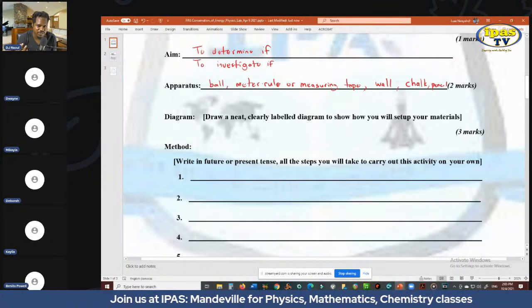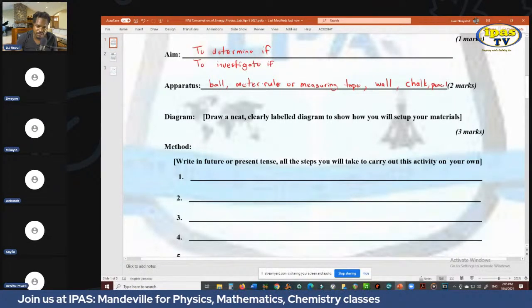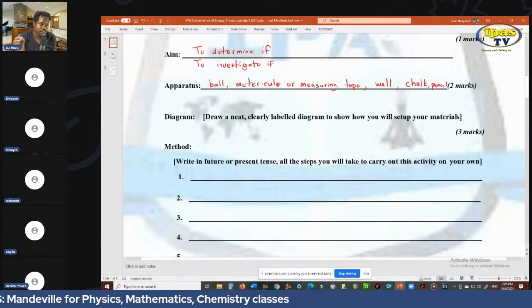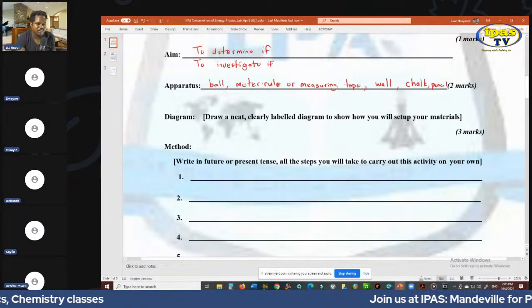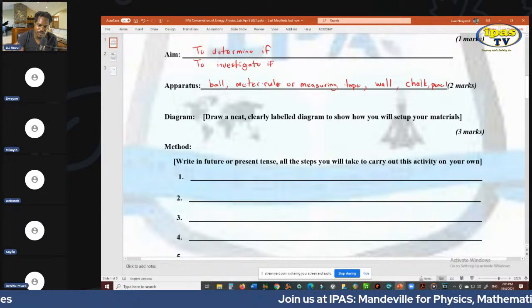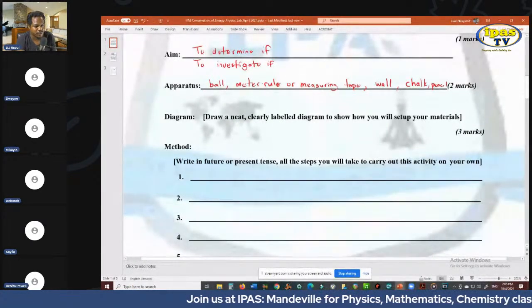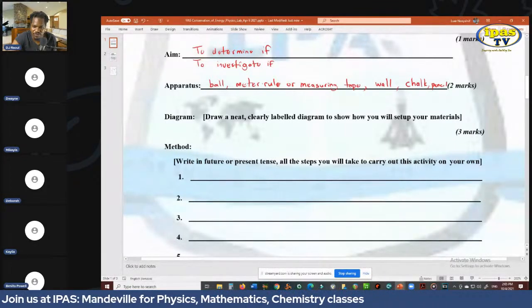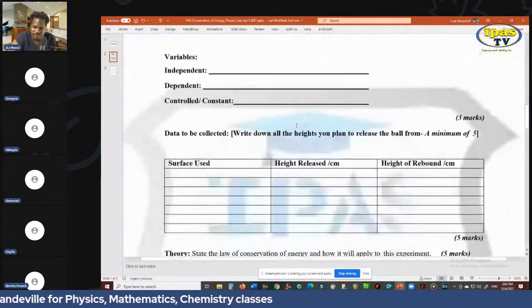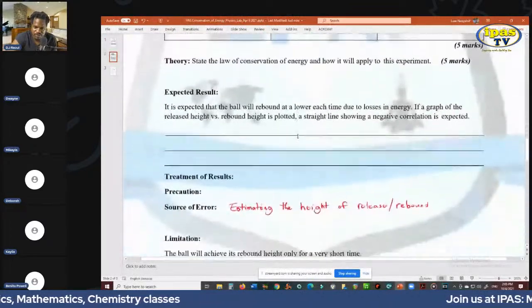So if we come up with anything, then we write other apparatus here. But we're still not finished. I still want you to think what else could be used, because if you want to reduce the error in finding out the rebound height, the wall helps. As a matter of fact, let's put that as a precaution.